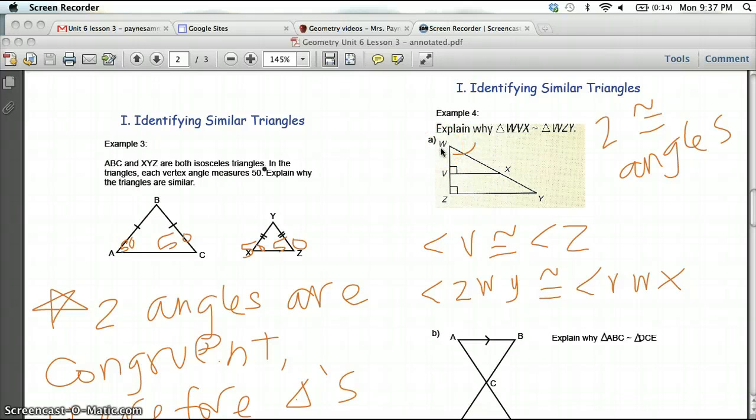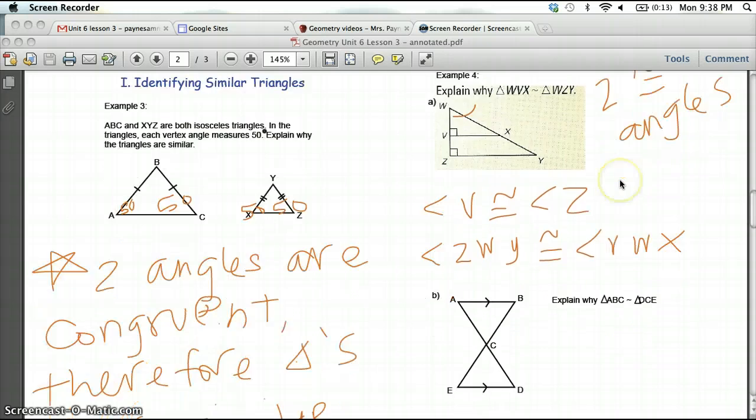That means that angle ZWY has to be congruent to angle VWX. So we have two pairs of angles that are congruent, angle V and angle Z, and then both ZWY and VWX. So therefore, triangle WVX is similar to triangle WZY because we have two pairs of congruent angles.